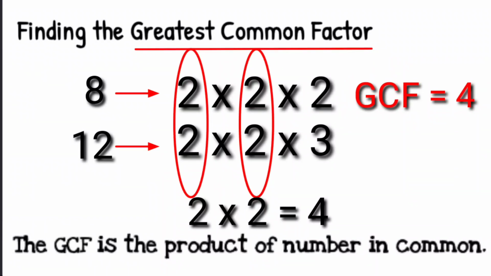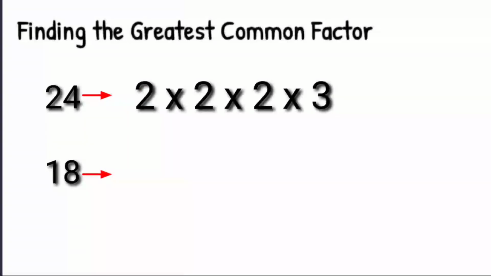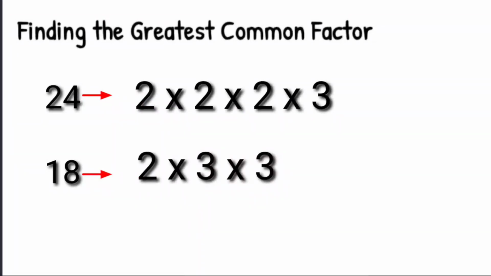Amazing! Give the greatest common factor of 24 and 18. Prime factors of 24: 2 times 2 times 2 times 3. The prime factors of 18: 2 times 3 times 3. As we can see, 2 is a common number, so I circle it.